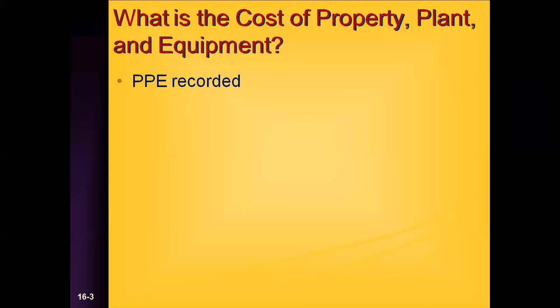Okay. Let's talk a little bit about what is the cost of property, plant, and equipment. The first thing with regard to property, plant, and equipment is that it is recorded at the total amount or cost required to obtain and get the asset ready for use. And so what does that mean? Well, typically that involves a couple things. The first is the actual purchase price that you paid for that particular long-term asset.